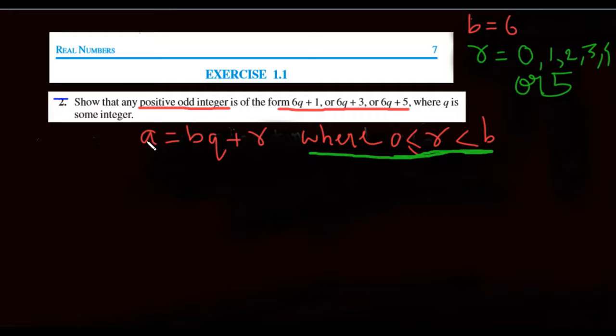Now let us start solving the question. As we are given the BQ plus R form, let us assume, let A be any positive integer.